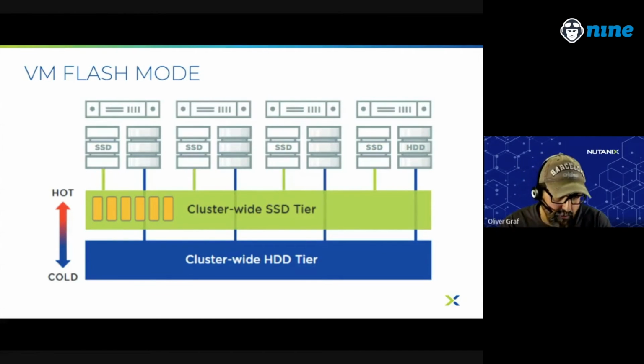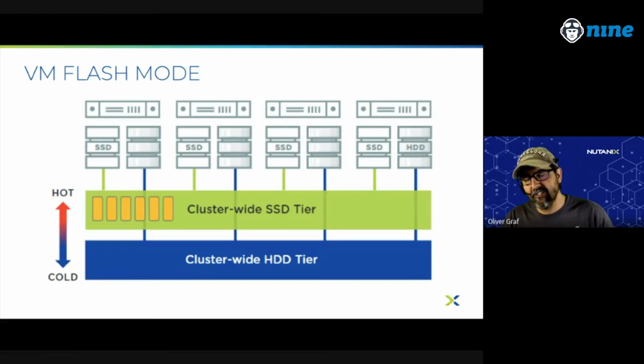Then just about the VM flash mode. VM flash mode pins specific VMs or vDisks to a cluster-wide SSD tier, so that IOPS and latency-sensitive workloads can be mixed with other workloads in a single cluster without compromising on performance. VM flash mode gives really fine-grained control over I/O performance.